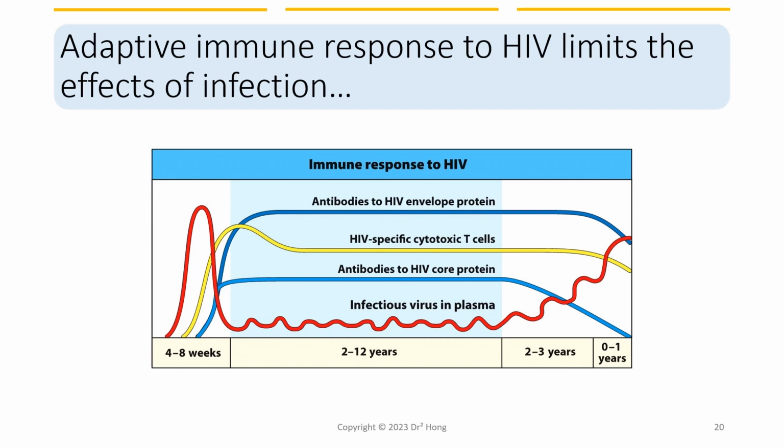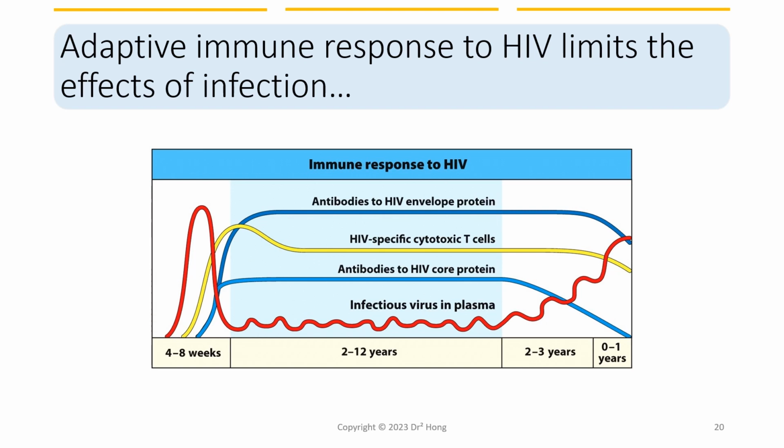Now, during the course of infection, the levels of HIV virions and other components of the adaptive immune system in the blood plasma change. Early in infection, while the adaptive immune system response is being activated, the virus reaches a high level, indicated in the red line, with the production of HIV-specific antibodies indicated in the blue lines and HIV-specific cytotoxic T cells with the yellow line.